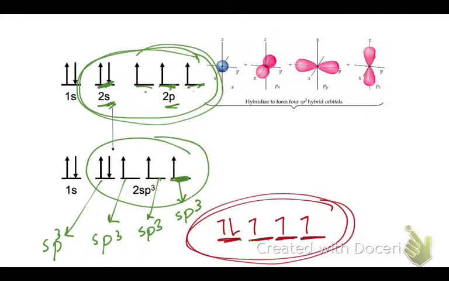However, there is one orbital occupied by a lone pair, so that angle will be slightly less than 109.5, and it will be 107 as you have seen in the previous slide. So now hybridization does support the actual angle of ammonia and therefore can explain the bonding in ammonia.